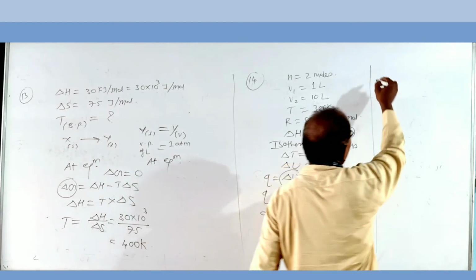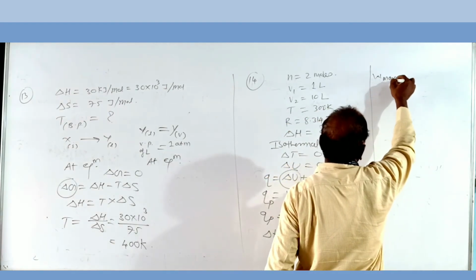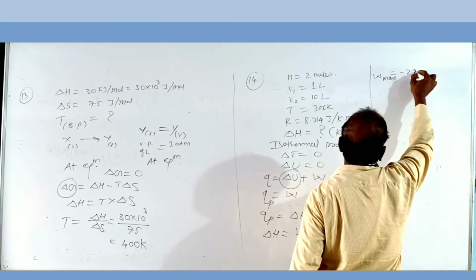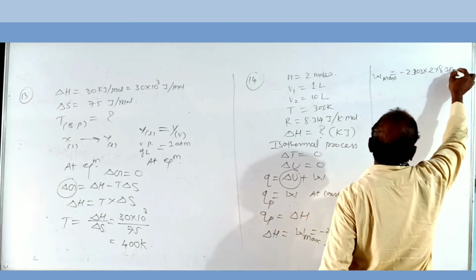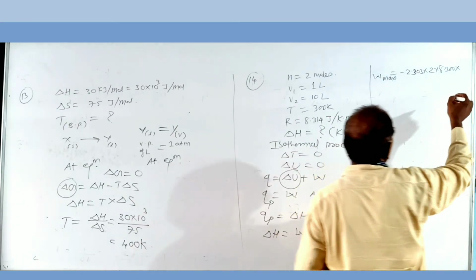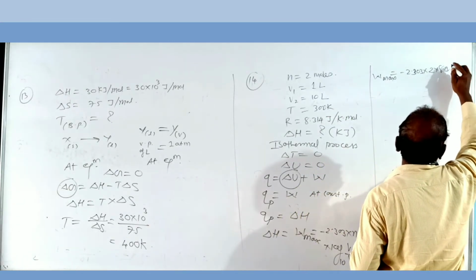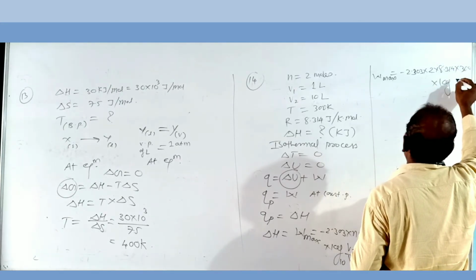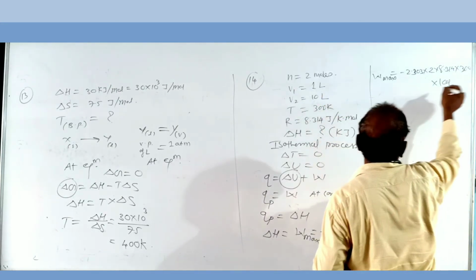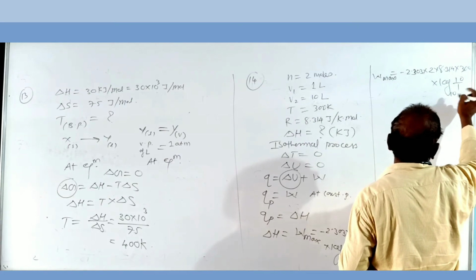Put the values. W max is equal to minus 2.303 into n into R into T, 8.314 into 300 into log of V2 upon V1, that is 10 upon 1 to the base 10.